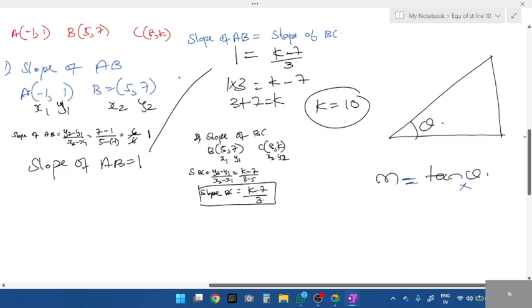And for collinear, split into two questions. AB is one part, BC is another part. Once you get the equation, substitute in the slope formula.